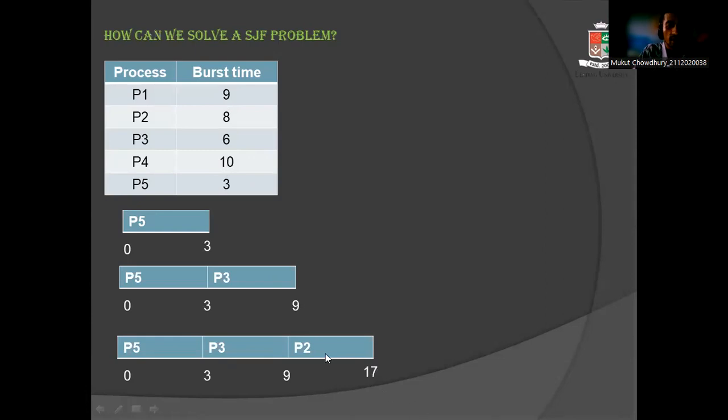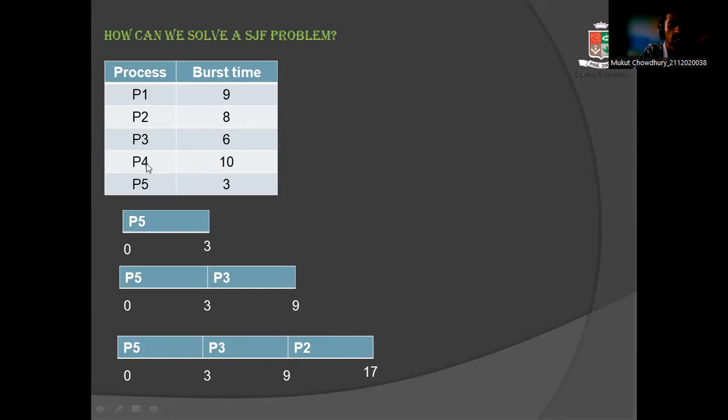So after 17 P2 completes its job, and three processes have already completed. Which processes are remaining? P4 and P1 are remaining and they are waiting to complete their jobs.